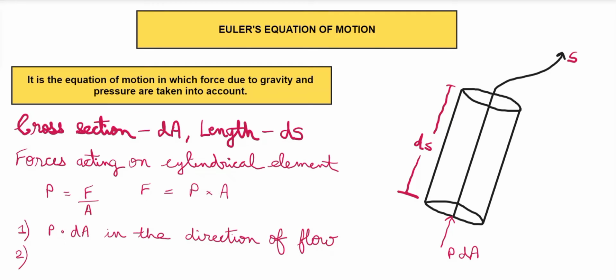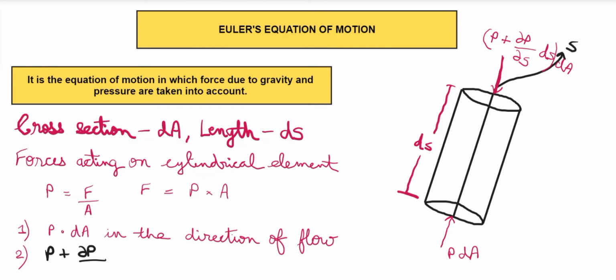Then the second one that will be acting is in this direction, which is in the direction opposite to the direction of flow. Here it will be P plus the variation of the pressure with respect to the length we'll have to consider. So it will be del P by del S into ds into dA.